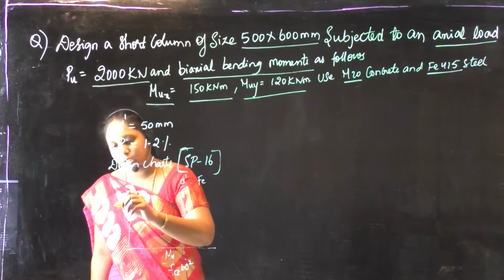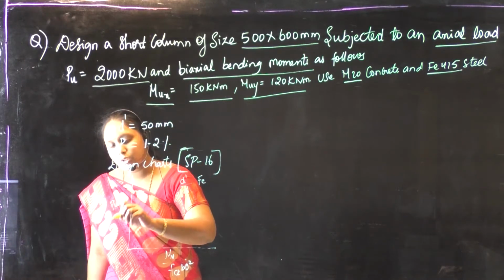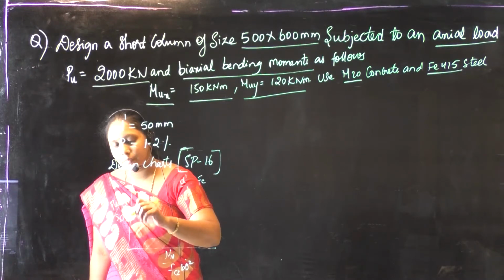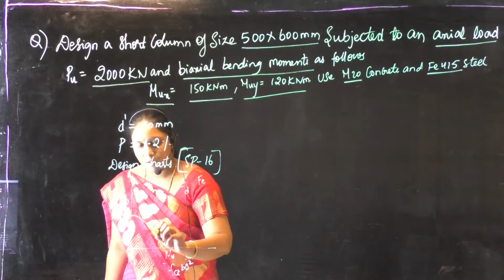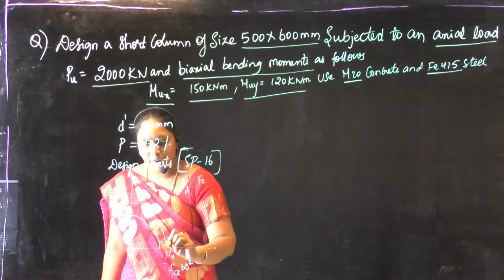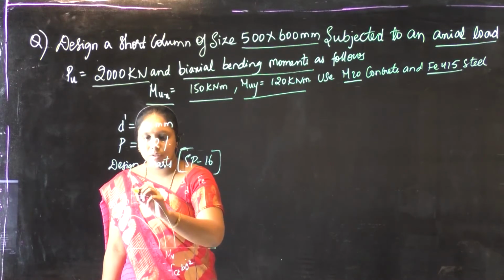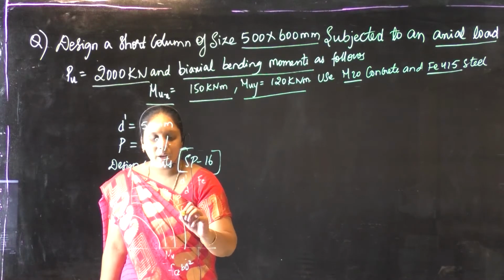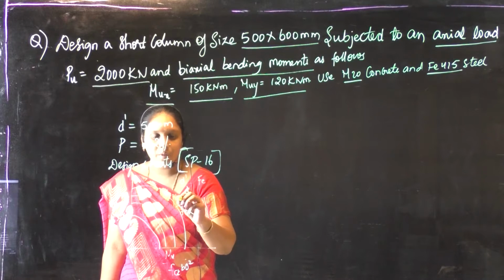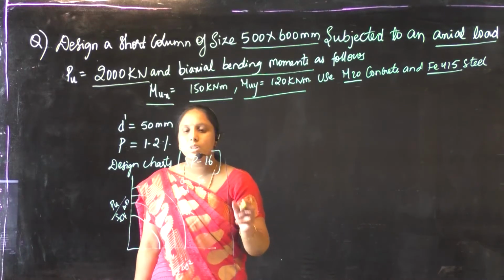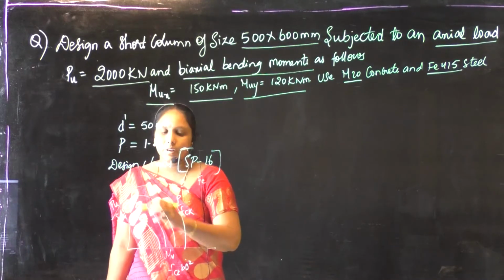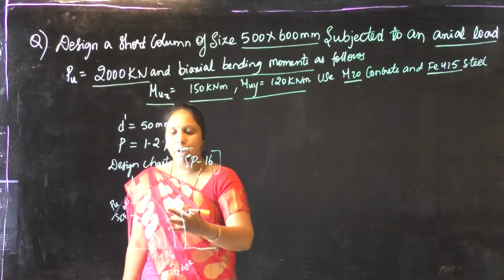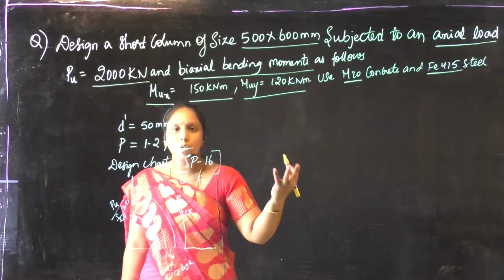On the y-axis you will have the values for Pu by fck bD, and here you will have different curves for p by fck values. So this is how we have the charts in SP 16. Based on these charts we have to design.